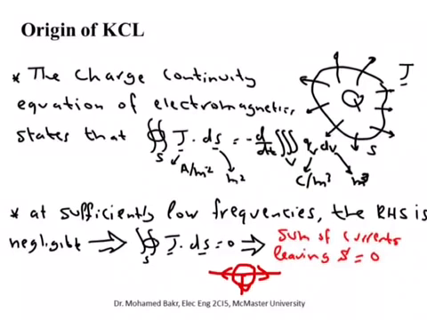And this, what this equation is saying, in 3D becomes a sphere. The sum of all currents leaving a sphere will be equal to zero. And this is what you have here. If you build a very tiny circle around the node, this is what this is saying.